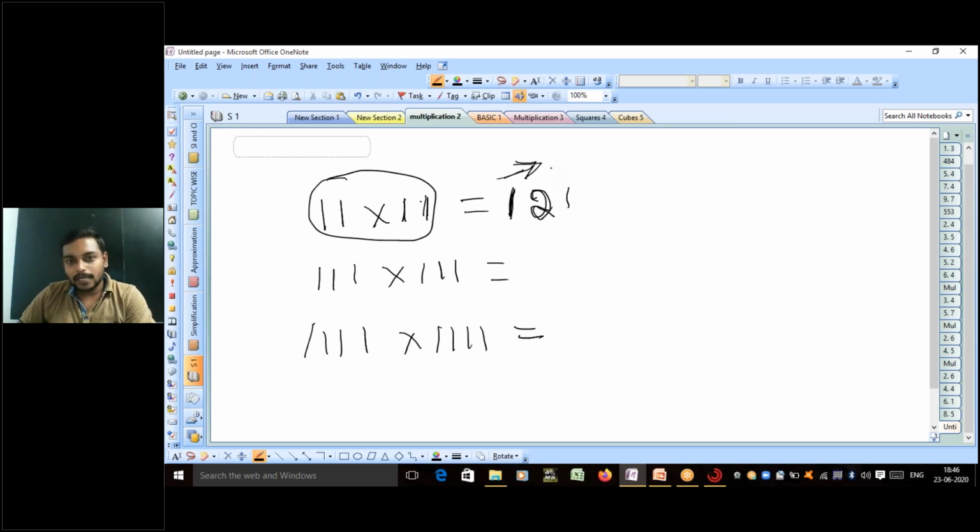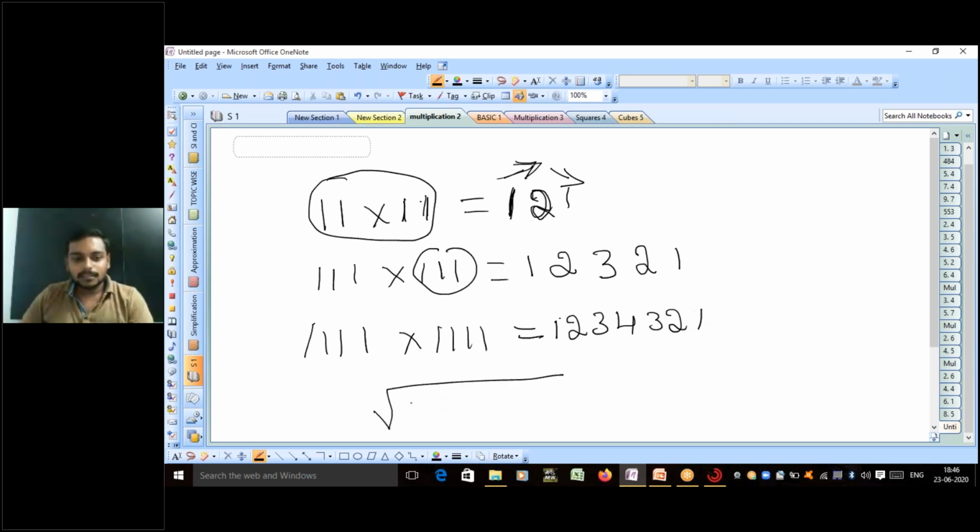After 2 you have to write it in the decreasing order. So 1 2 1. If you have a 3 digit number, just start from 1. We have 3 digits, so 1 2 3. After that in the decreasing order, 3 2 1. Then 1111 into 1111. We have 4 digits. So 1 2 3 4. Then in the decreasing order 3 2 1.